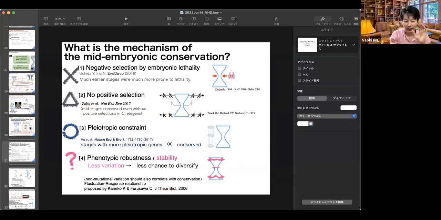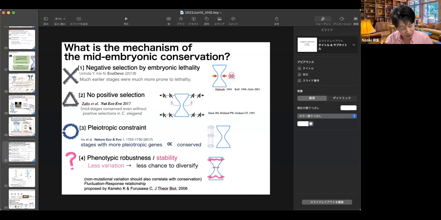But what I'm thinking is, I'm not trying to say the earlier and later stages are more stochastic and can change anywhere they want to go, but somehow, for some reasons which I do not know, the mid-embryonic stages were more stabilized, and then became more robust.